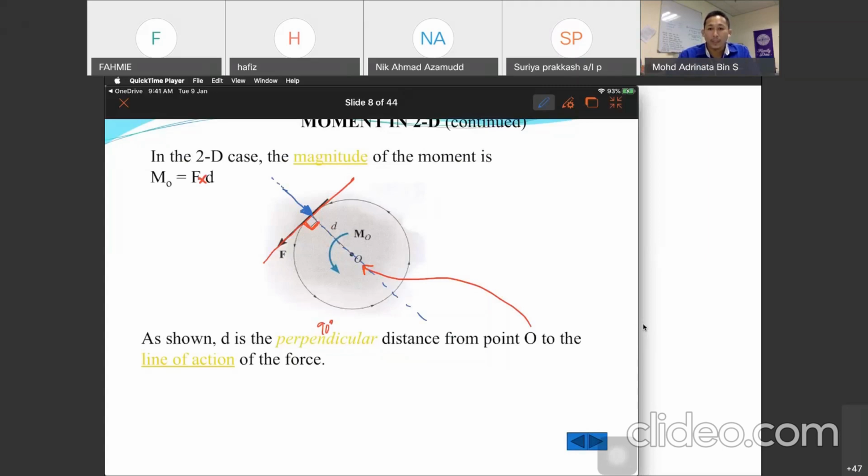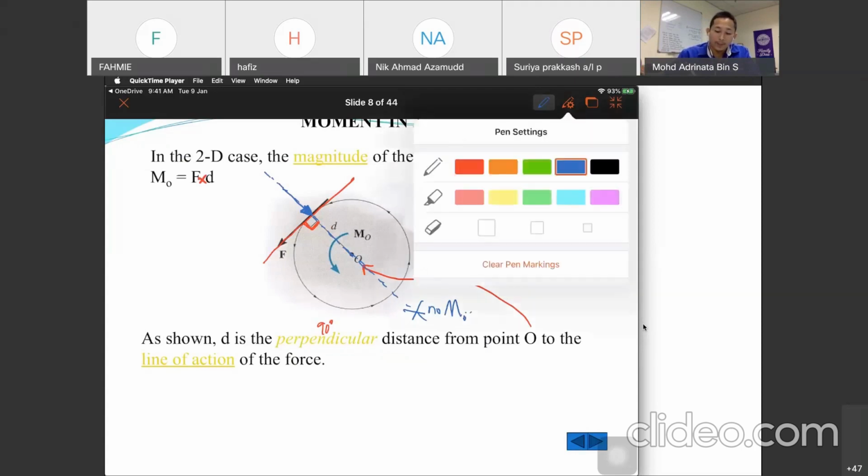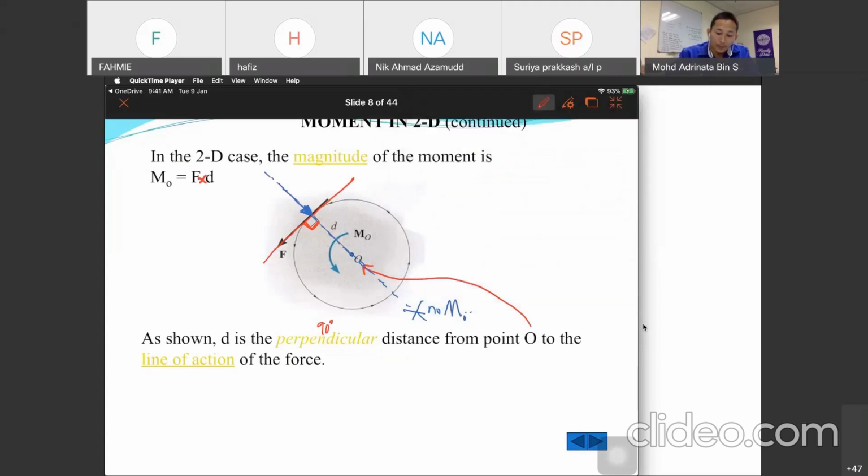Show me the distance perpendicular to our point O. So for this one, when the line of action is acting on our point of action, there is no moment for the blue one. But for the red one, we have this point.